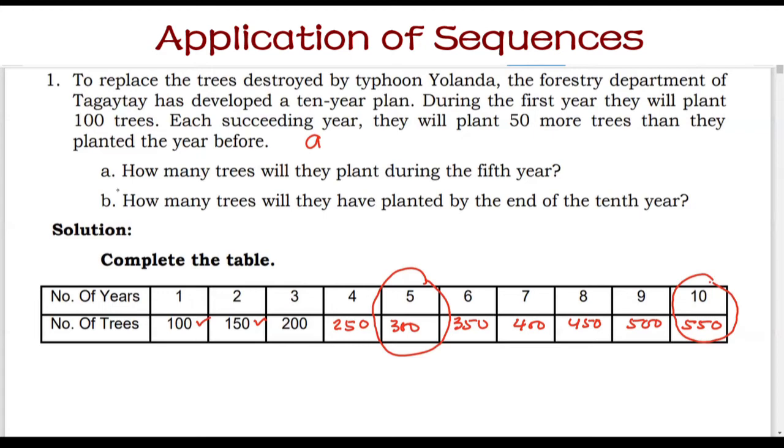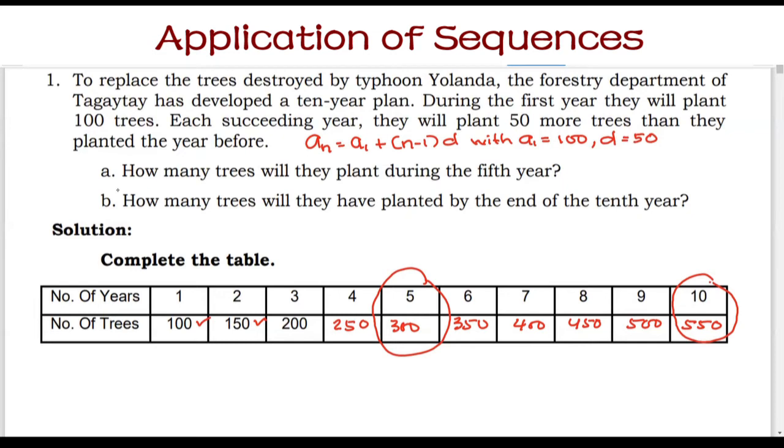So we recall a sub n equals a sub 1 plus n minus 1 d. Ano yung given? A1 equals 100 kasi yun yung starting number of trees. Tapos ano yung D? Ano yung i-add natin to get the next term? 50.